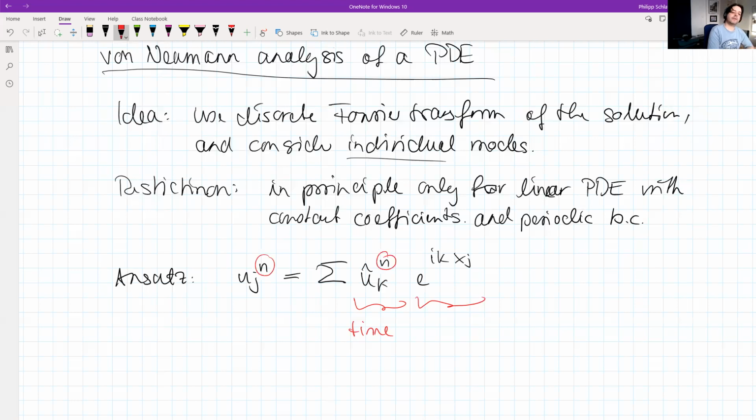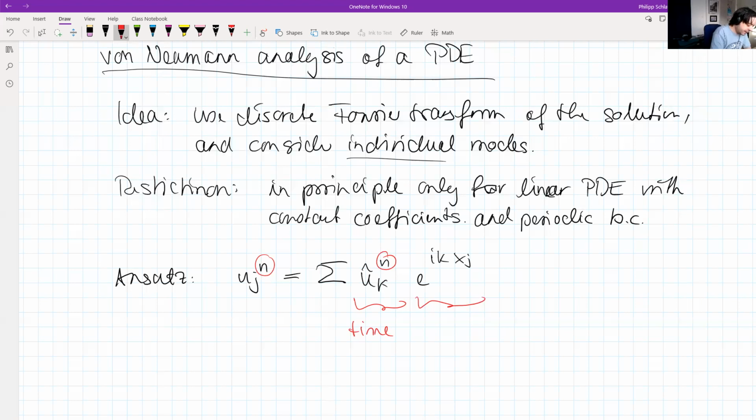So the time dependence of my solution is encapsulated in the Fourier coefficient, which I allow to vary as a function of time. The second part, e to the i k x_j, is my basis functions of the expansion, and these essentially are Fourier modes. So it's a complex exponential, so it's sines and cosines, as we discussed, I think two lectures ago.